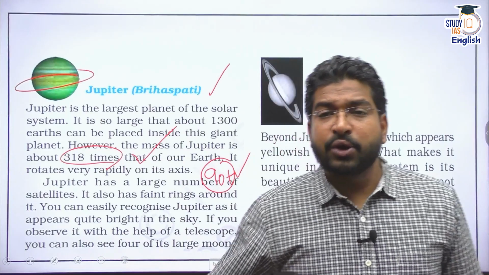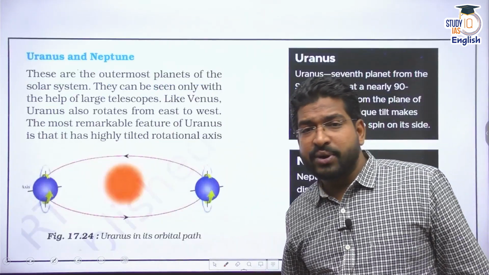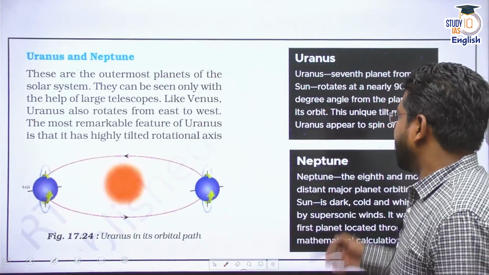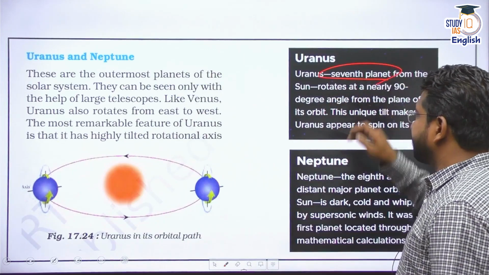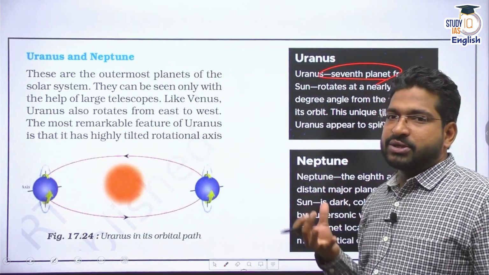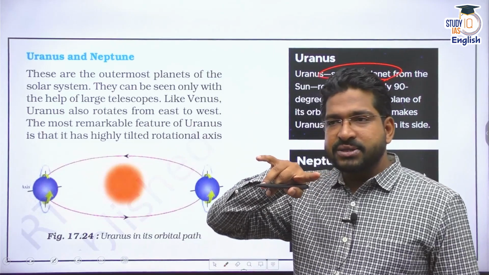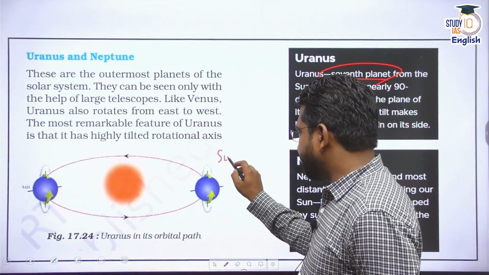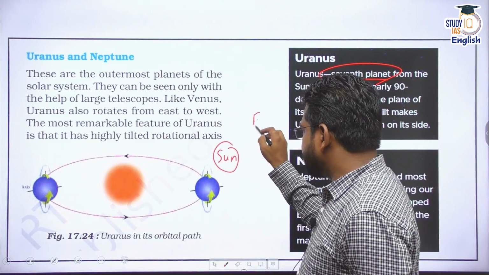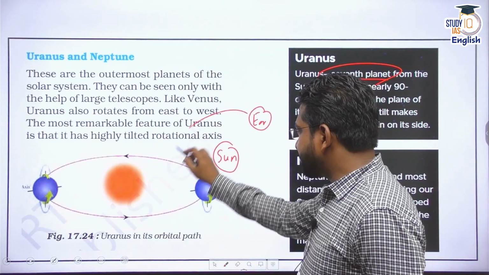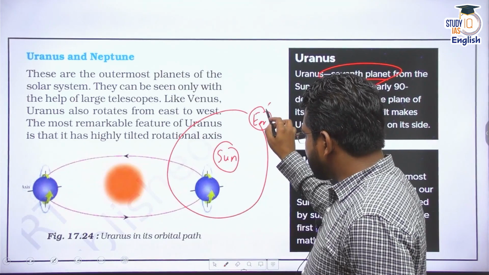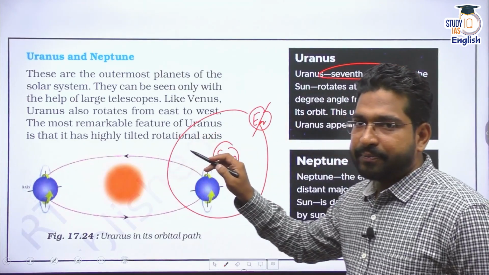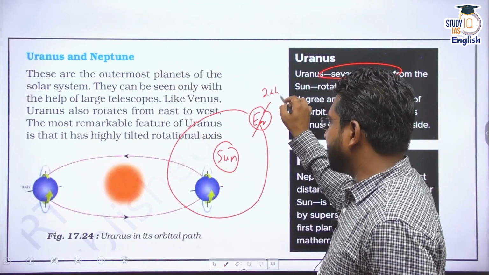Apart from that, there are 2 more planets, that is Uranus and Neptune. Right? Uranus is the 7th planet, and it's very strange that it rotates at an almost 90-degree angle. I told you that if this is Sun, and I look at Earth, Earth is revolving around the Sun, and Earth is also tilted at one particular angle, right? Around 22.5 degrees.